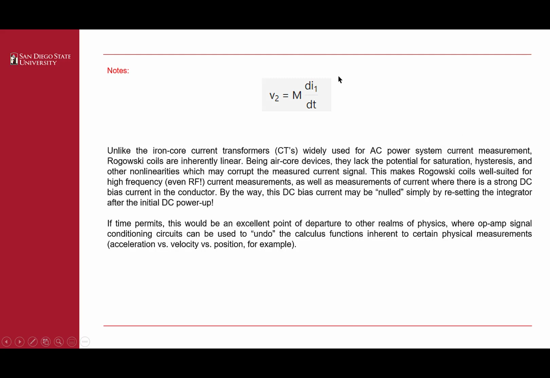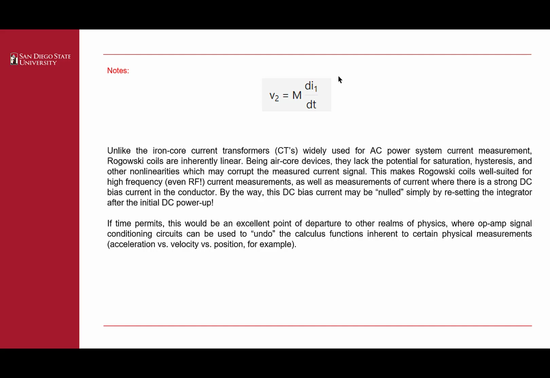Unlike the iron core current transformers widely used for AC power system current measurement, Rogowski coils are inherently linear, and being air core devices, they lack the potential for saturation, hysteresis, and other nonlinearities which may corrupt the measured current signal, so they are great. This makes Rogowski coils well suited for high frequency and even radio frequency current measurements, as well as measurements of current where there is a strong DC bias current in the conductor, which happens a lot, believe me.